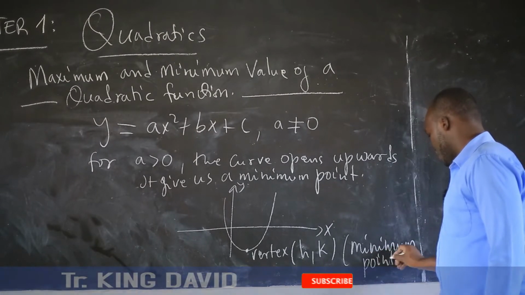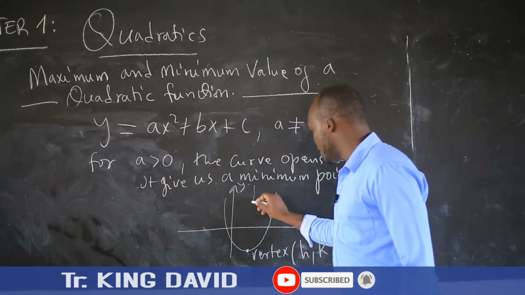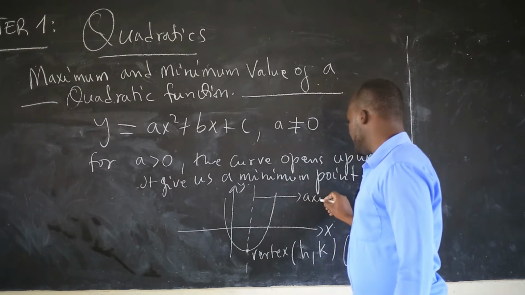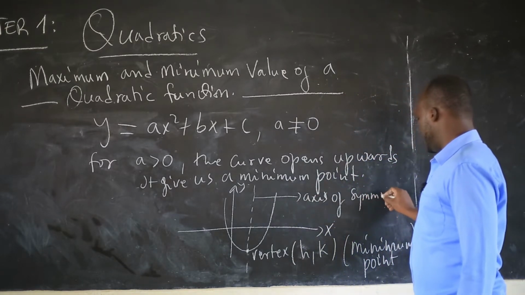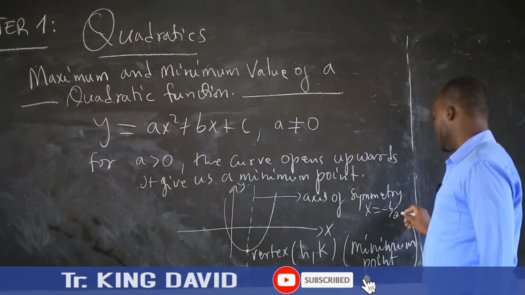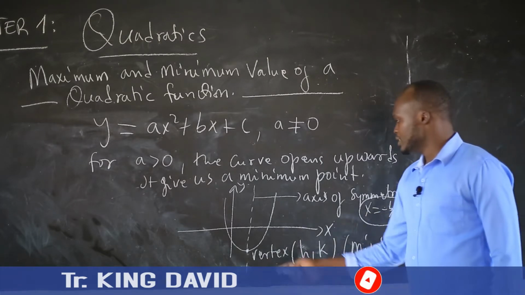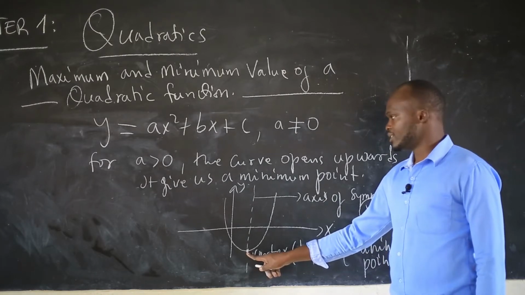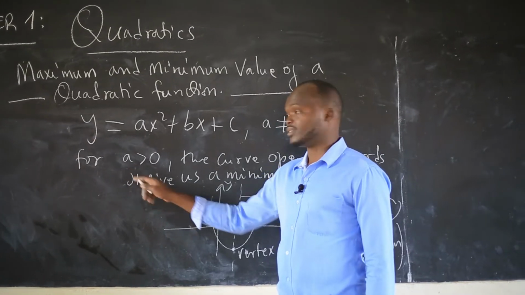Remember, here we have what we call the axis of symmetry, and that axis of symmetry is x equal to negative b over 2a. So it opens upward and gives us a minimum point. That is when the coefficient of x squared is positive.